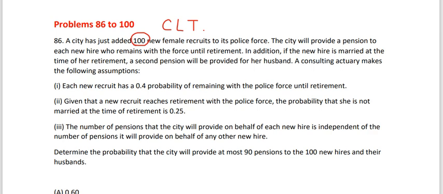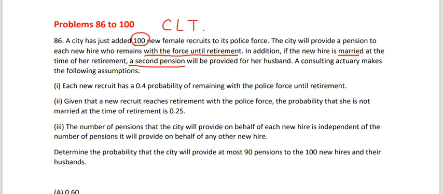The city will provide a pension to each new hire who remains with the firm until retirement. Only those who remain will be given this pension. If they are married, then it will give a second pension.